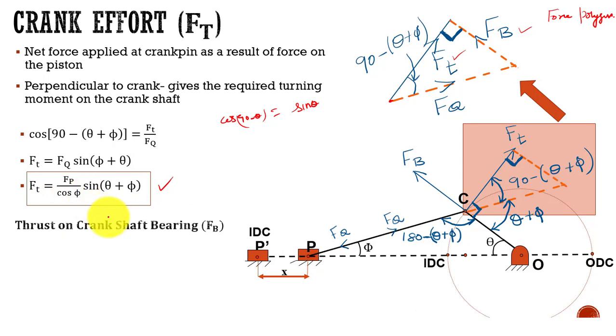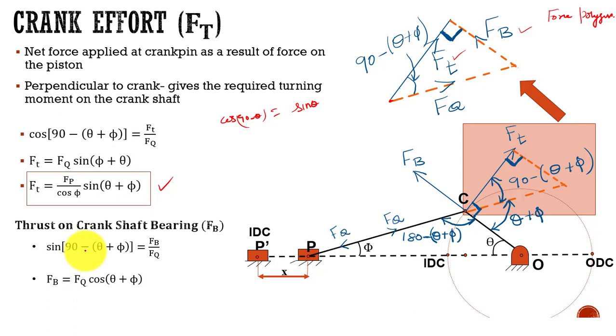Next, I'm going to find the value Fp, that is the thrust on the crankshaft bearing. How to find that value? Instead of cos, I'm putting sine here: sine of 90 minus theta plus phi is equal to Fp by Fq, so Fp is equal to Fq cos of theta plus phi.